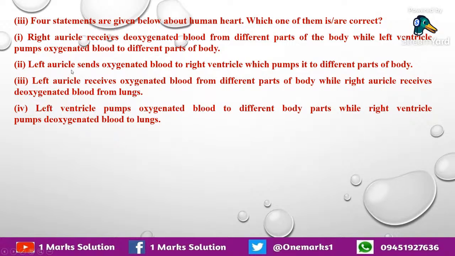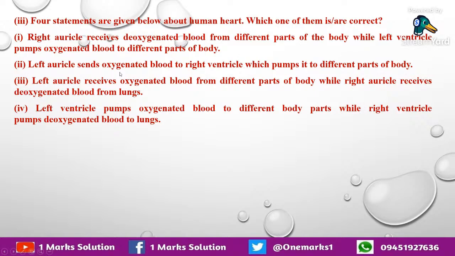Left auricle sends oxygenated blood to right ventricle. See, it cannot happen that the left auricle sends the blood to the right ventricle. You can eliminate it. In multiple choice questions, you should eliminate the incorrect statements.